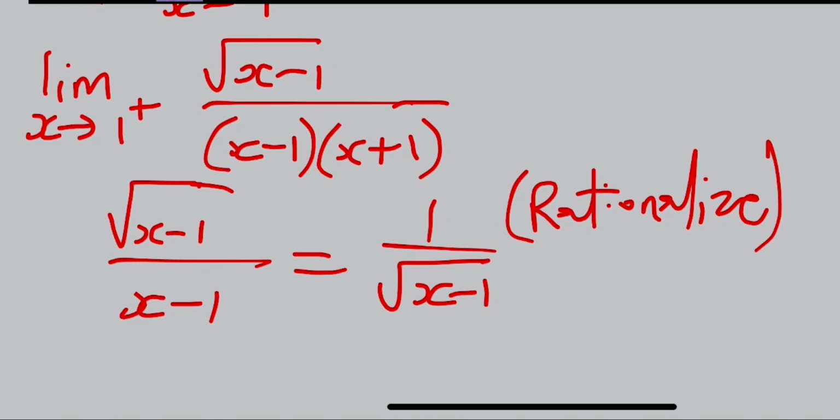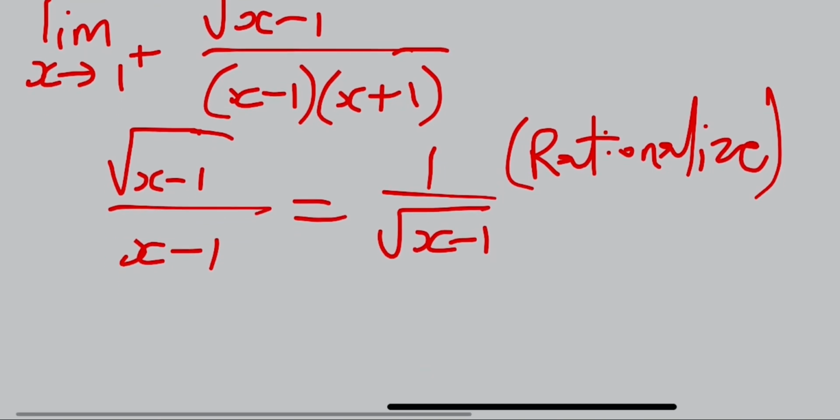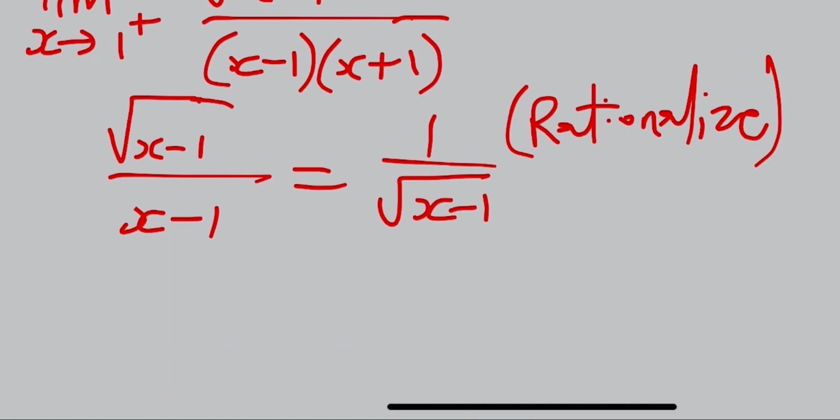Okay, so if you rationalize, this is how it's going to unveil. After rationalizing, this portion is going to be 1 over the square root of x minus 1.